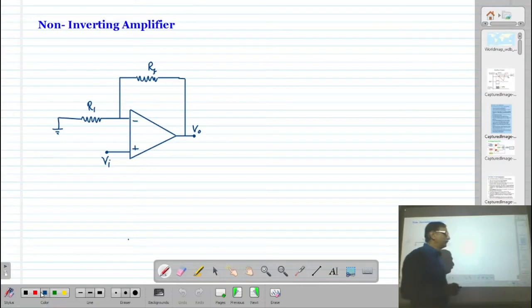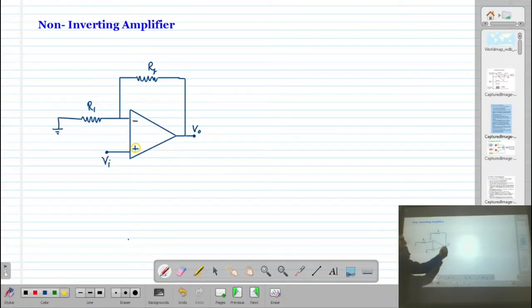The phase difference between the input and the output will be 0 degree. In a non-inverting amplifier, we apply the input signal to the non-inverting terminal of the operational amplifier, correct? And on the inverting terminal, we provide a kind of feedback.